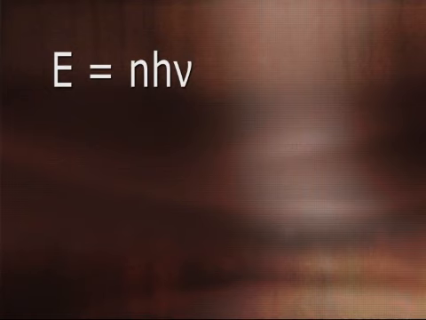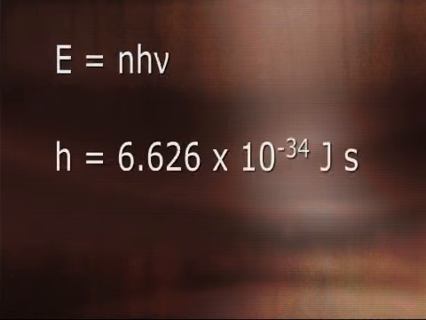N is a positive integer, which is referred to as a quantum number. Nu is the frequency, and h is a proportionality constant, which is also called Planck's constant, and is equal to 6.626 times 10 to the power of negative 34 joule second.